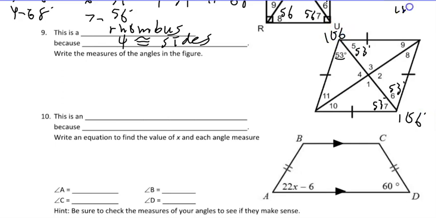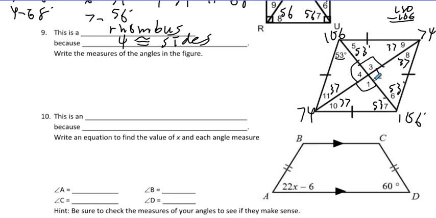So if we do 180 minus 106, we get 74 degrees here and 74 degrees here. And if those are bisected, that makes 37. And these are all special because these are all 90-degree angles. The diagonals in a rhombus bisect at perpendicular angles.